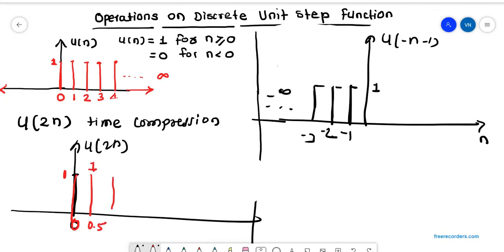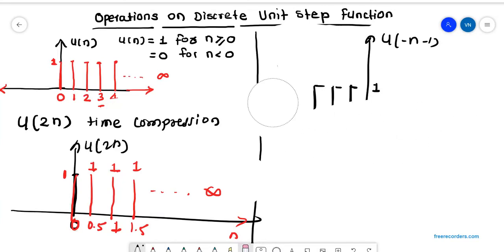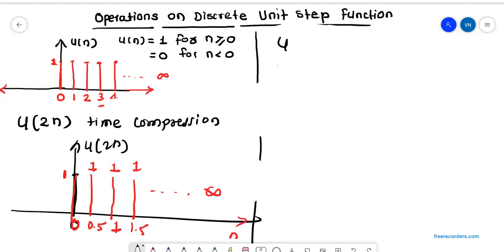Then next 2 divided by 2 is 1, so again the amplitude is 1. 3 divided by 2 is 1.5. So basically whatever the signal is there, the time will be compressed, nothing else will be changed. Only the time is compressed. So this is a time compression operation on a unit step function.